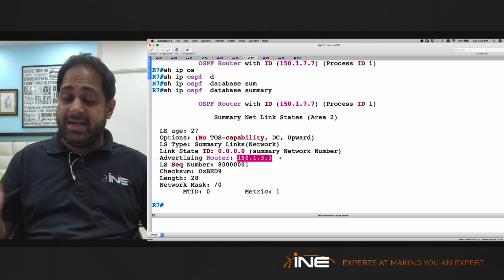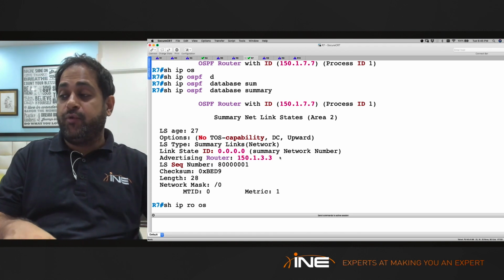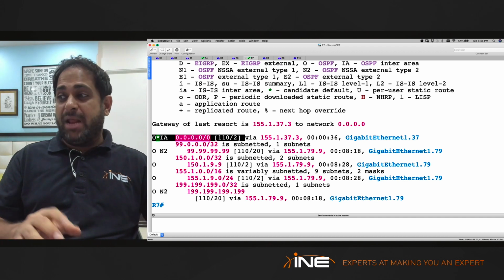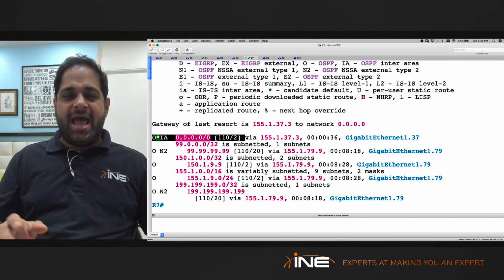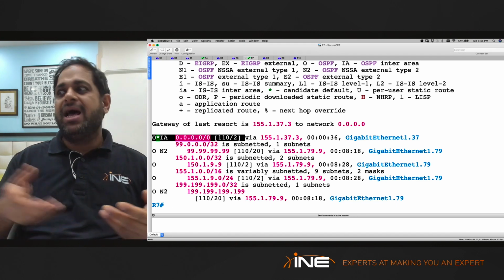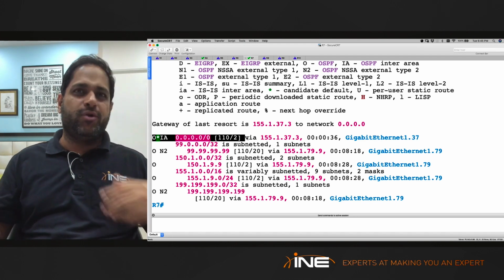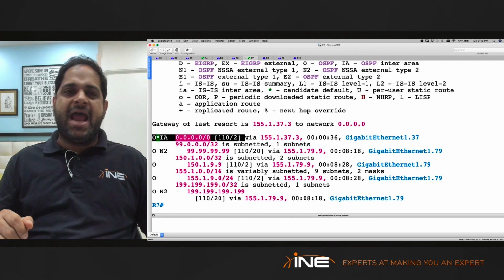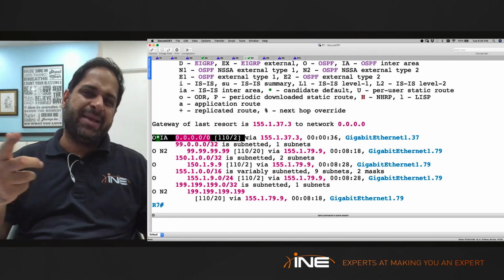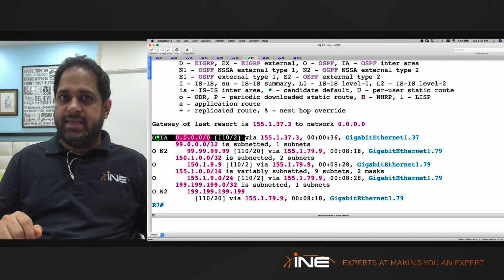So it came automatically, and that's a type 3 LSA default route. So look at my routing table now. I have only the type 1 LSA intra-area routes. I have type 2 LSA for DR being present, and I have type 7 LSA within NSSA external routes, which is type 7 for NSSA.